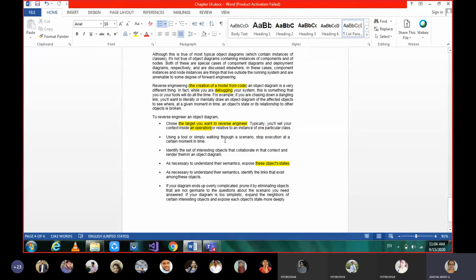Using a tool, or simply walking through the scenario, stop execution at a certain point of time. Wherever you are executing at that point, what is the code of that operation? To do forward engineering or reverse engineering, we have tools.